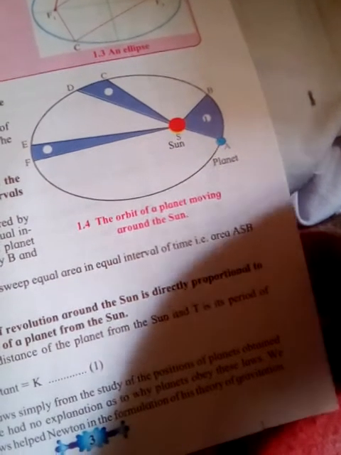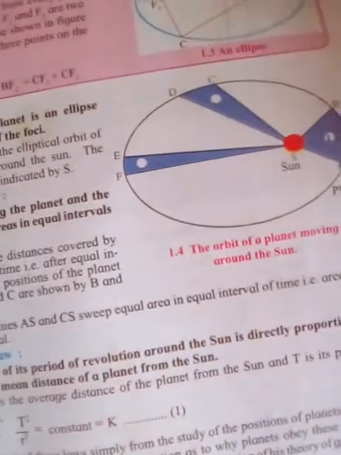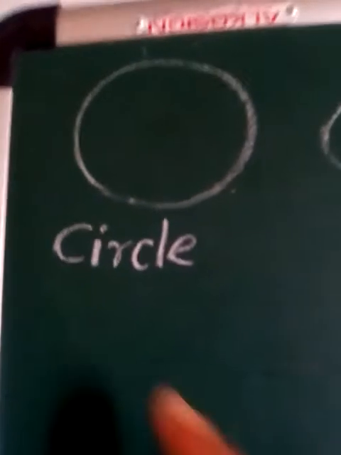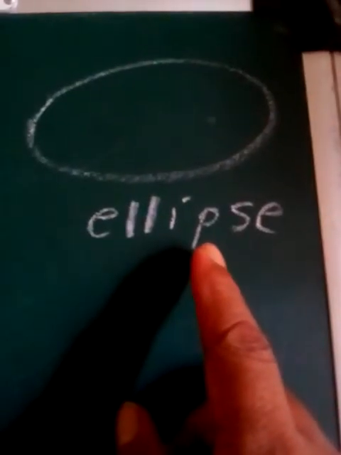Now there is one more method which we can think of. Mean distance from the sun. How to explain this? Because the distance is always changing. So you think of these two figures. This is a circle and this is an ellipse.